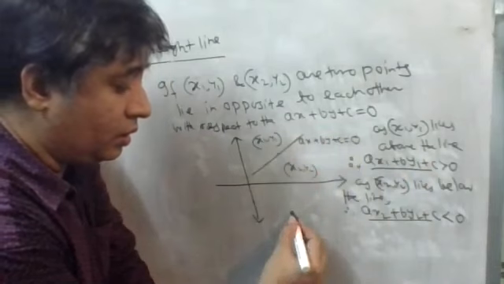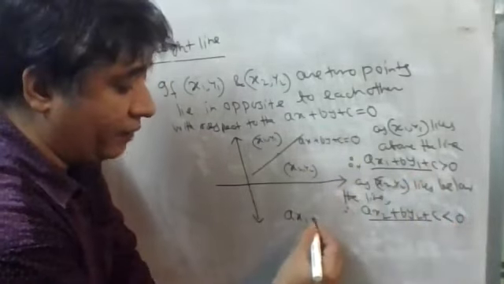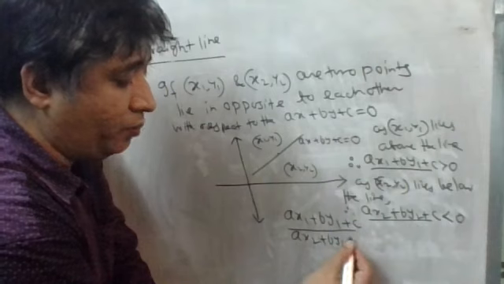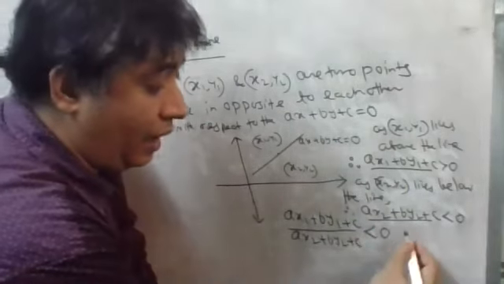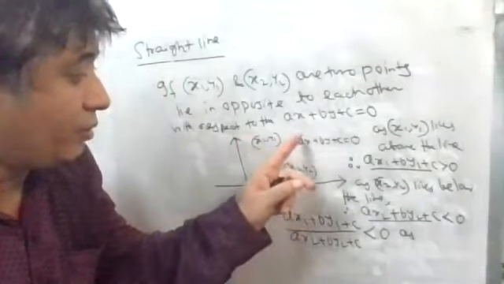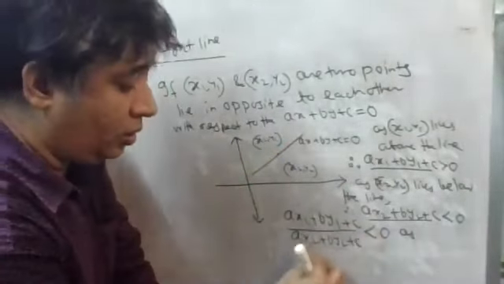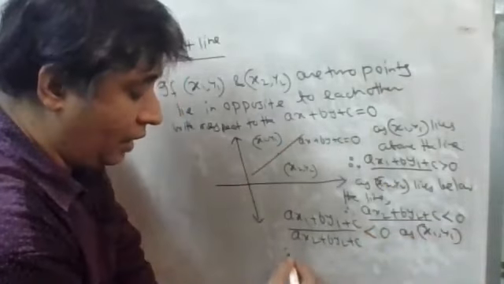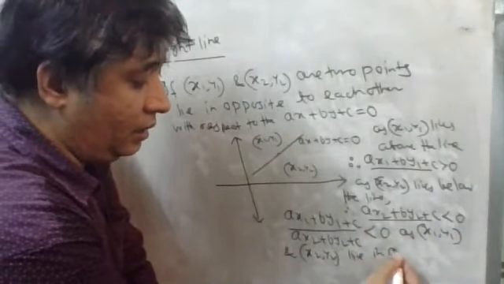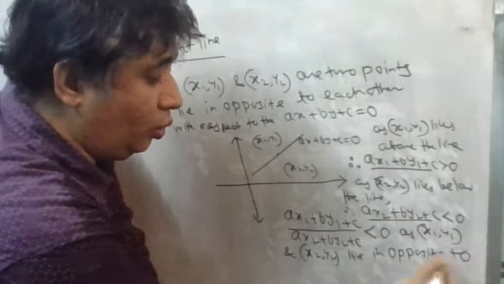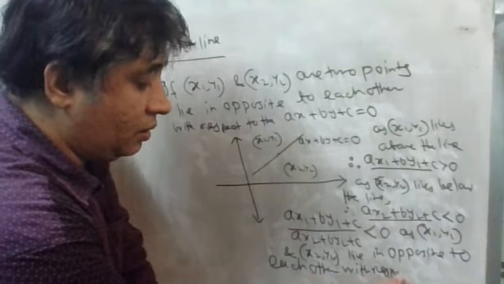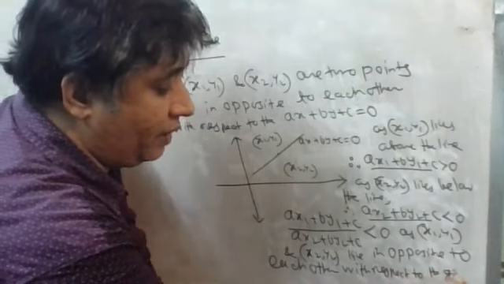Therefore, that will give you positive by negative, negative: (ax1 plus by1 plus c) by (ax2 plus by2 plus c) less than 0, as x1 y1 and x2 y2 lie opposite to each other with respect to the given line.